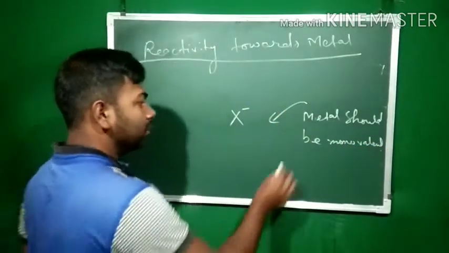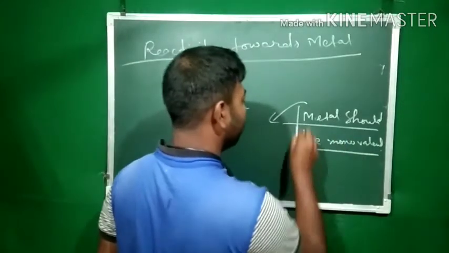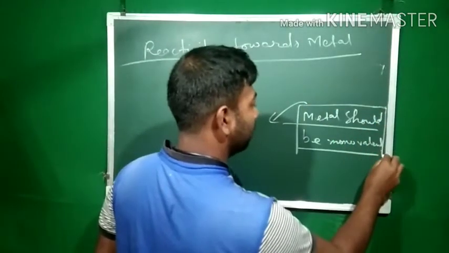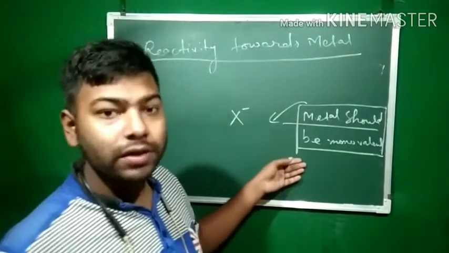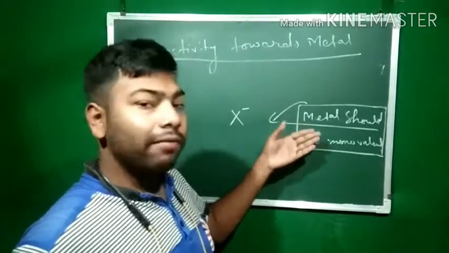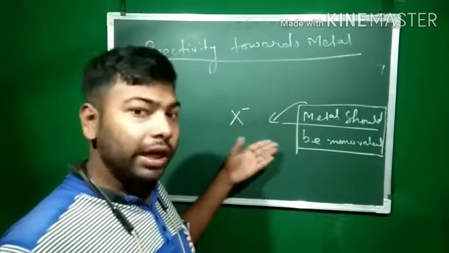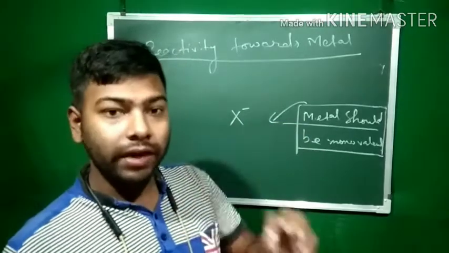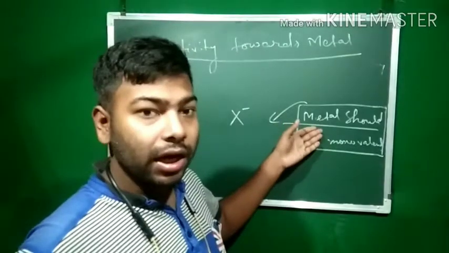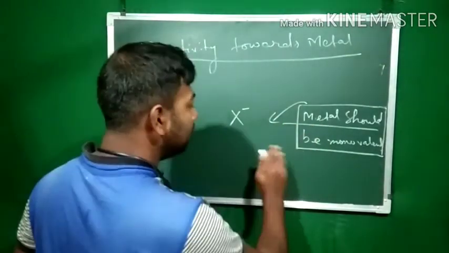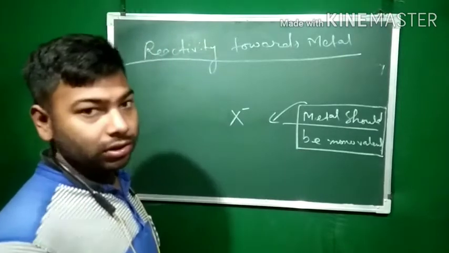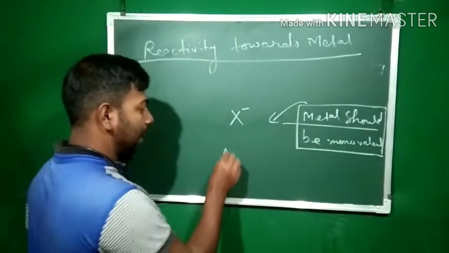Remember, this is not a fixed condition or fixed case. Divalent or trivalent metals can also react with halogens, but usually it is observed that monovalent metals react in a proper, or you can say easy, way with the halogens. That's why we can observe this type of compound.